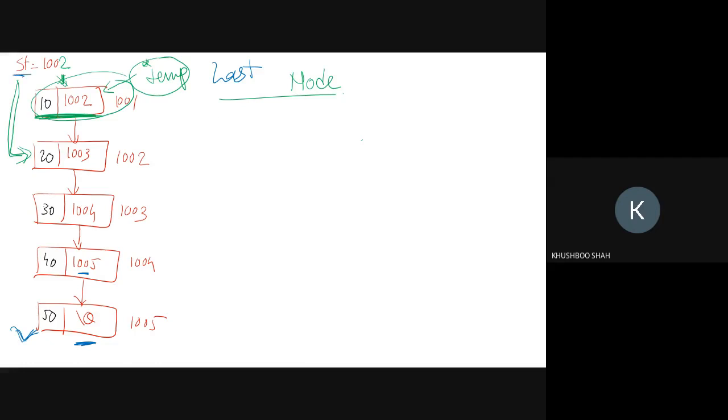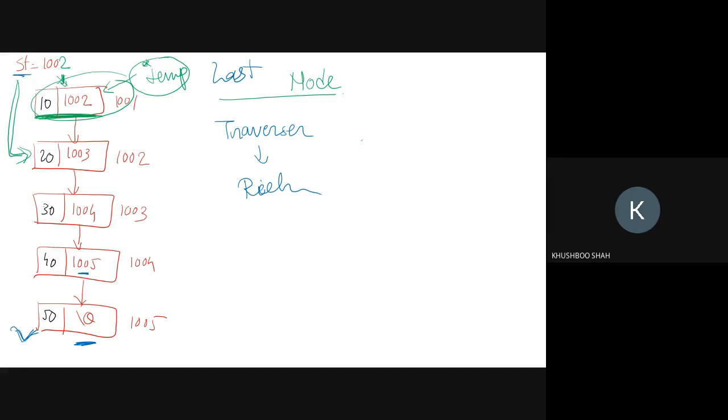So first I need to traverse the linked list, then reach the particular location, this location. If I find it, ultimately I'll reach this location.